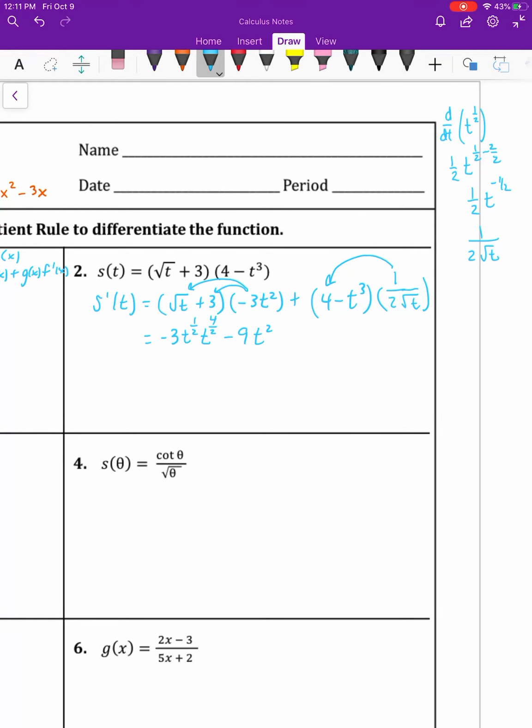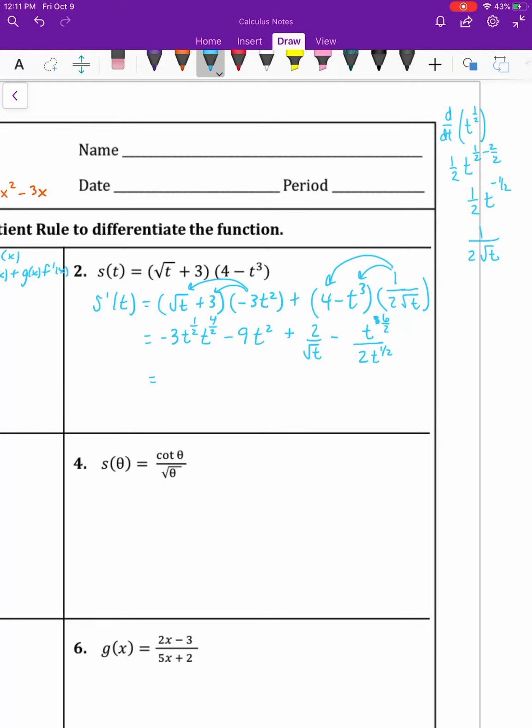And now we distribute here plus, and then 4 over 2 would give me 2 over the square root of t, minus, and then this is going to give me t to the third over 2t to the 1/2. And I'm going to make my t to the third t to the 6/2, because that's still t to the third.